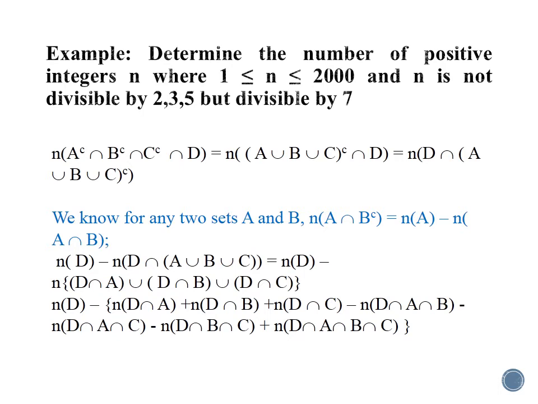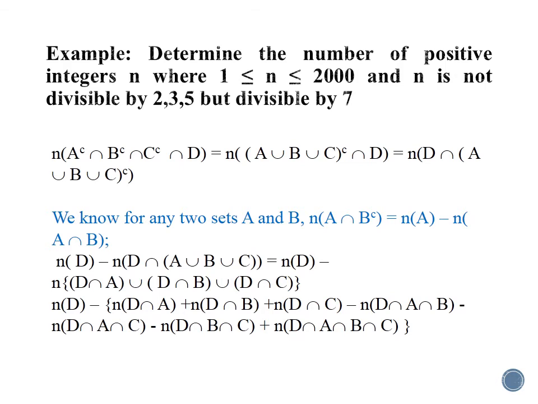Now our question is we have to find the cardinality of A complement intersection B complement intersection C complement intersection D. This is the same as cardinality of A union B union C whole complement intersection D by De Morgan's law. That is the same as cardinality of D intersection A union B union C whole complement by commutative law.